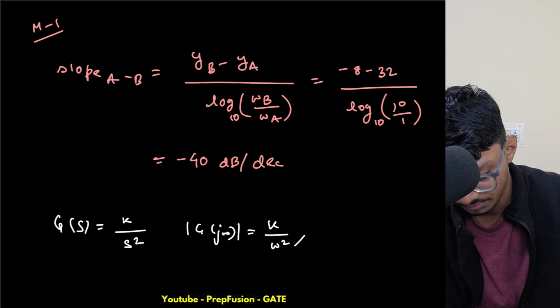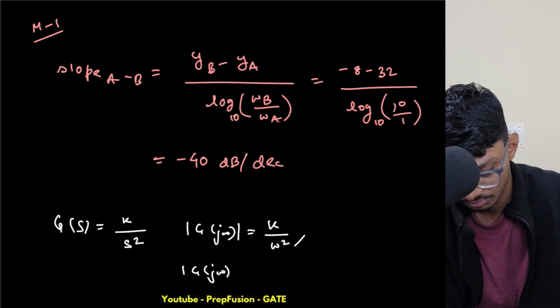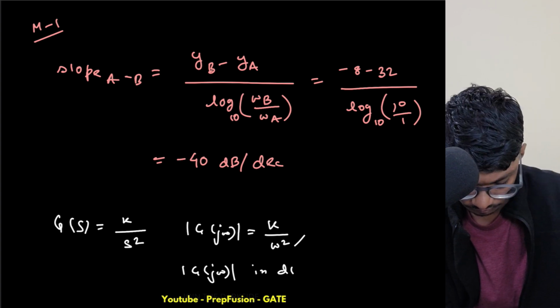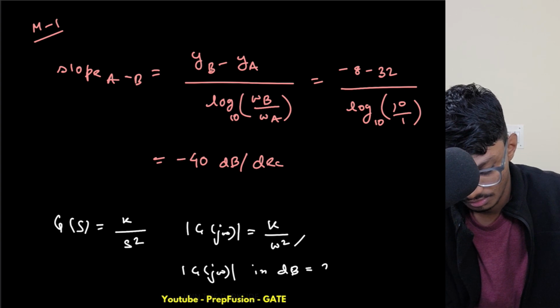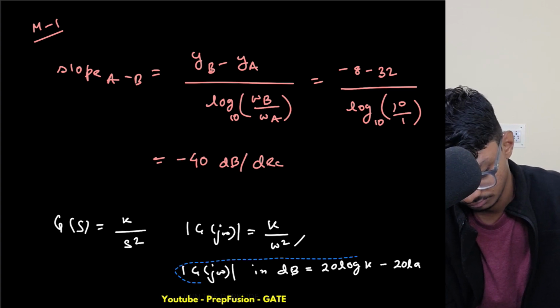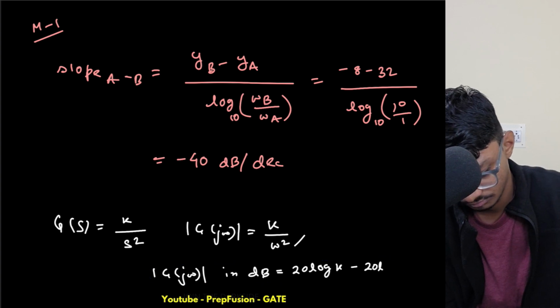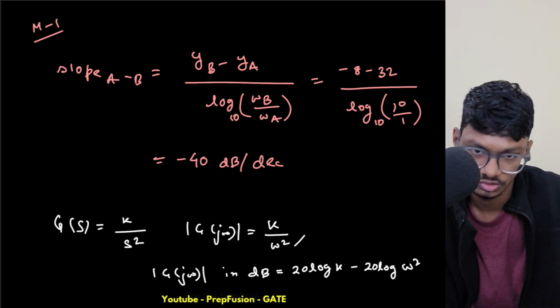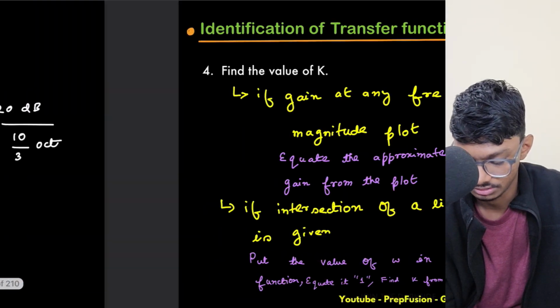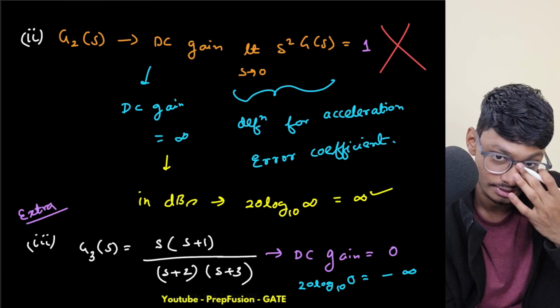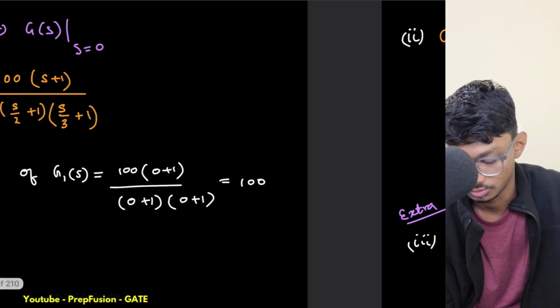In log scale, this means 20 log K minus 20 log omega square. Whenever omega equals 1 is given, that means you're given 20 log K. If you want to remember that, well and good. If you don't want to remember that, totally fine.